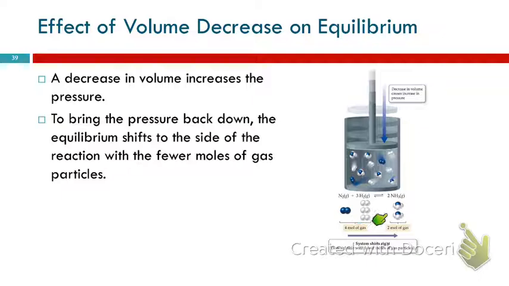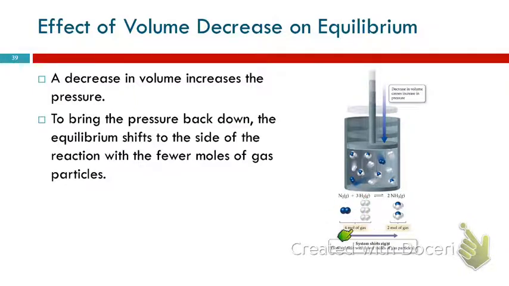So if we look at this chemical equation here, this has one mole of nitrogen gas, 3 moles of hydrogen gas. That's a total of 4 moles of gas. If we go to the products, we only have 2 moles of gas. And it kind of seems like an impossibility, but it's kind of like carpooling, right?